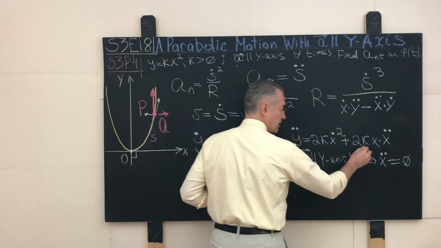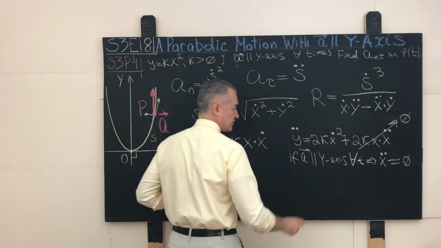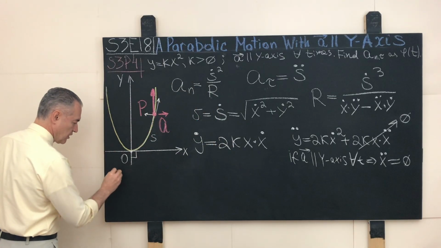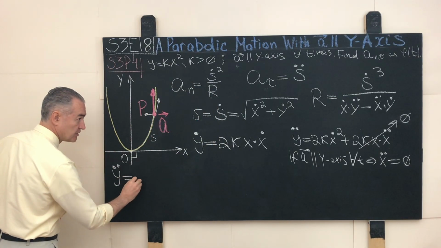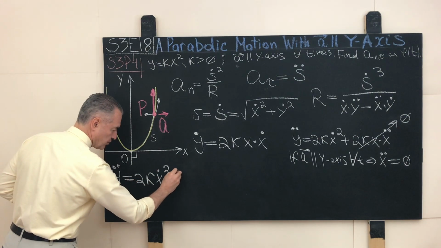And that means that this term in the expression vanishes, and the only thing that we have left is the following: y dot dot is equal to 2k x dot squared.